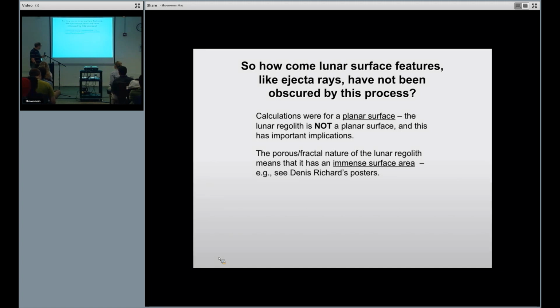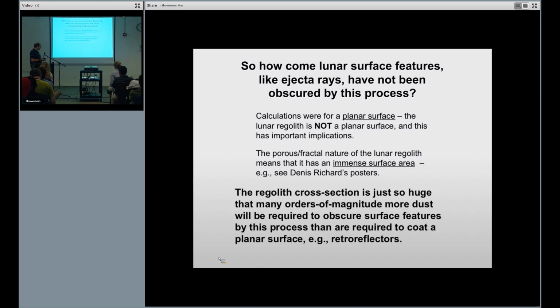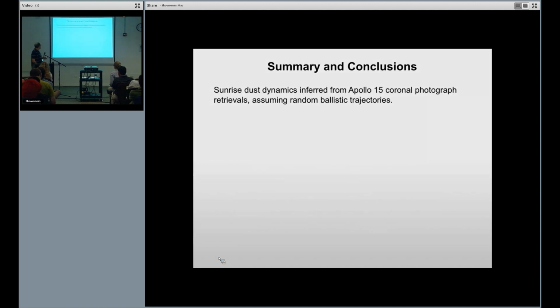In fact, it's very much not. It's a very porous surface with a very fractal nature to it, and this means that it has an immense surface area. So the cross section for the dust to hit is many orders of magnitude bigger than a smooth flat plane. And so you'd expect any obscuration by this process to take a lot longer for the regolith in general.